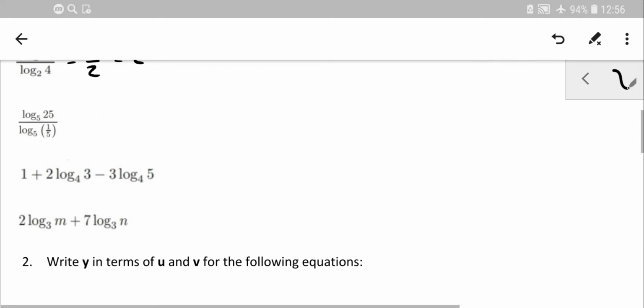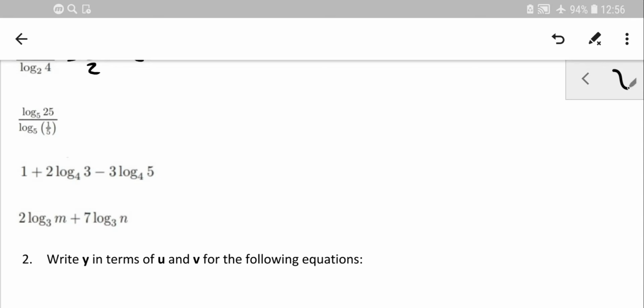All right, so log base 5 of 25 over log base 5 of 1 over 5. Let's try to do that. 5 squared is how you get 25. So one more time, log base 5 of 25 is some power x, so that 5 to the power of x gives 25. So obviously x equals 2.